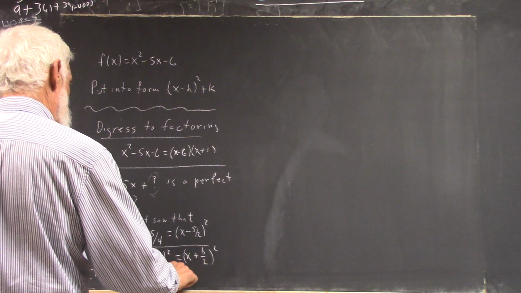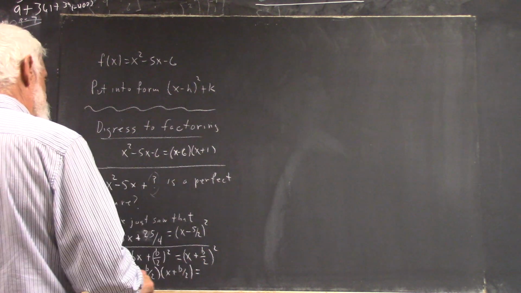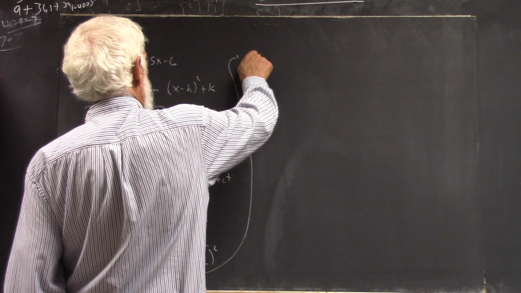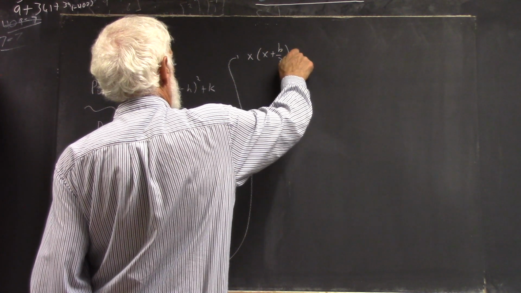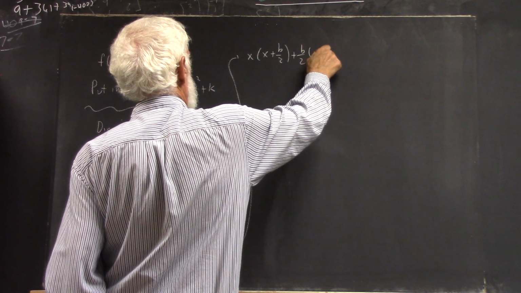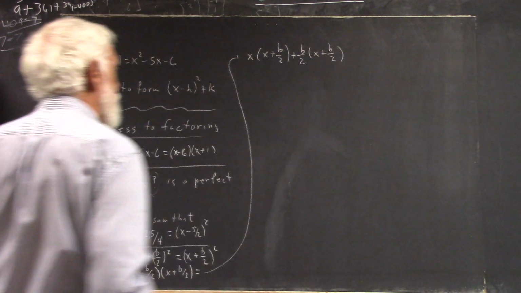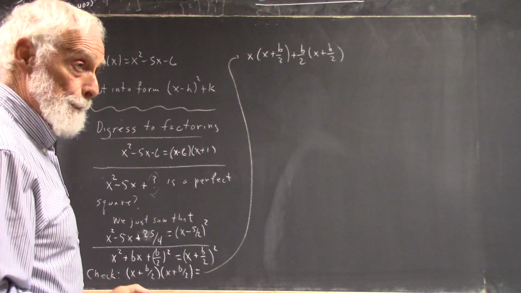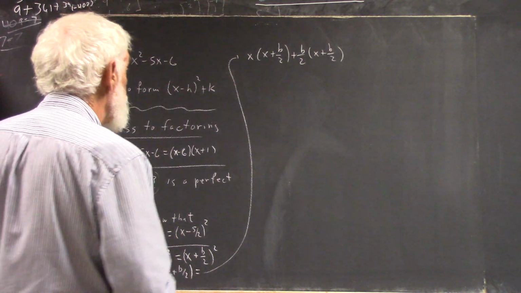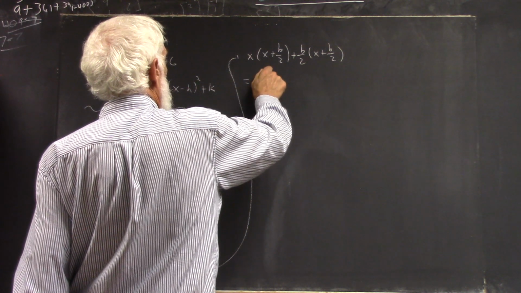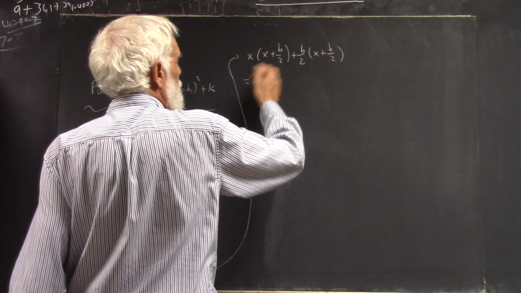x plus b over 2 times x plus b over 2 equals x times x plus b over 2 plus b over 2 times x plus b over 2, right? That's just the distributive law. And what's x times x? Well, you know that's x squared. You wrote that down right away, okay? Now, if it was a 5 halves, we would have 5 halves x.